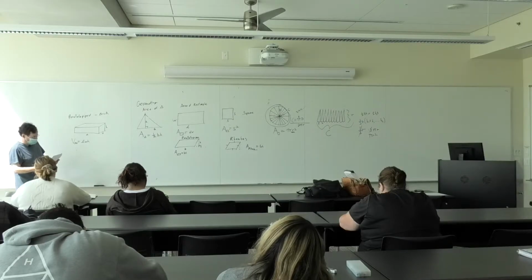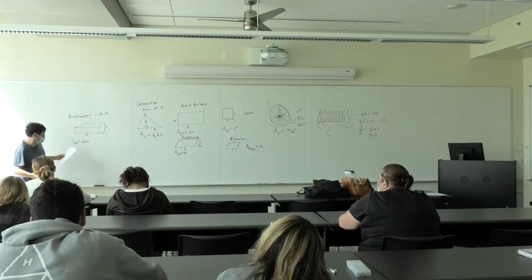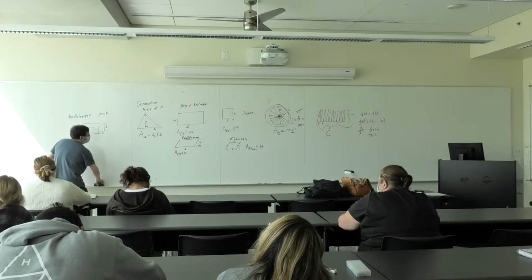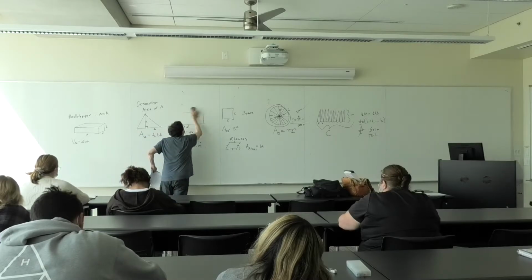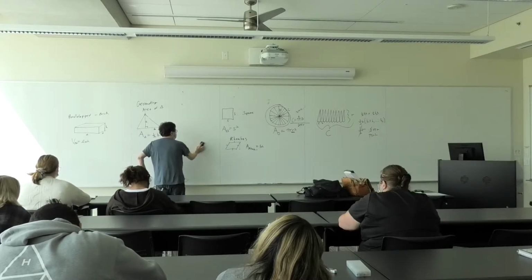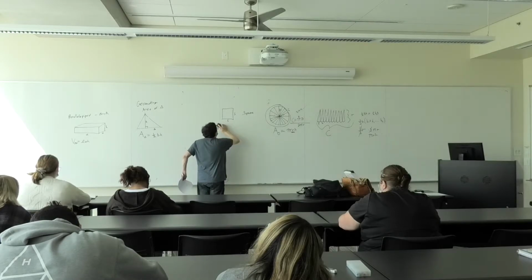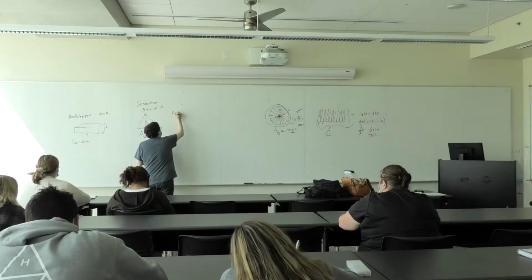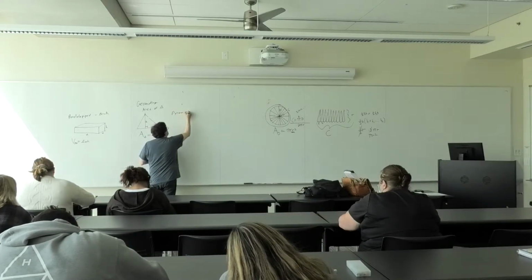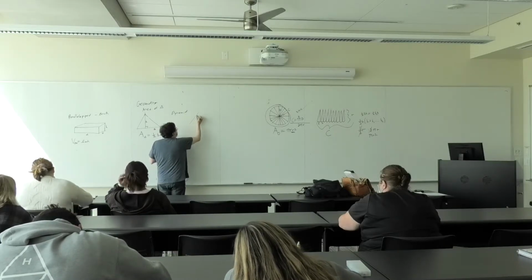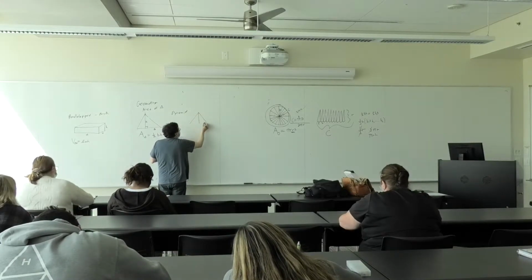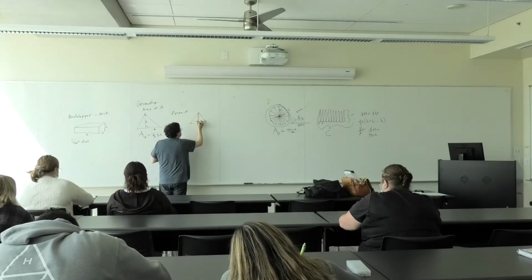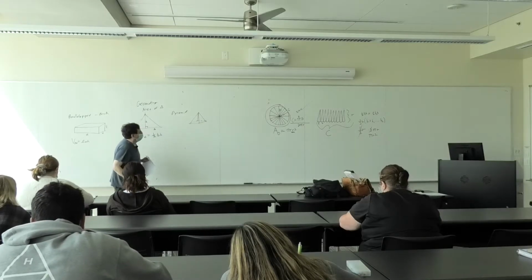Now, if we take this one step further, instead of a triangle, we're going to get what's called a pyramid. We all know what a pyramid is. There's the Egyptian pyramid, which will have a base that has 4 sides.